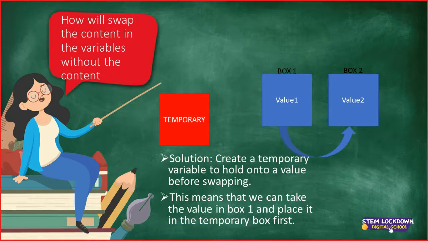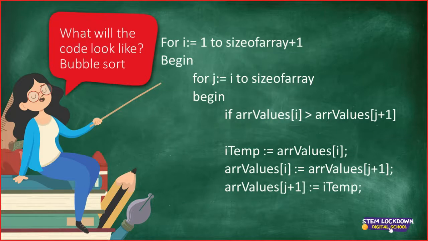Now, before we move ahead and look at an example, I just want to show you the syntax of this, and it's obviously the for loop. Unlike the selection sort, where we stopped at 1 less than the value, the bubble sort goes to the size of the array plus 1.